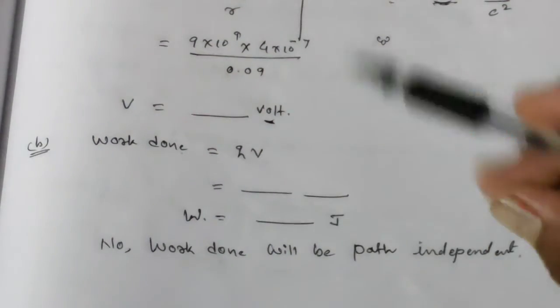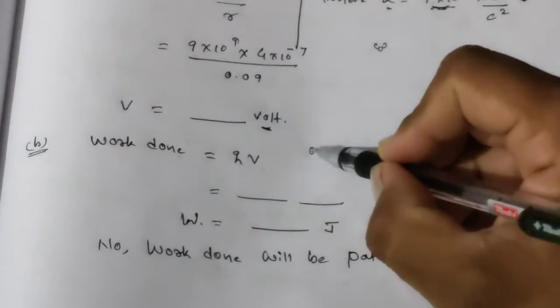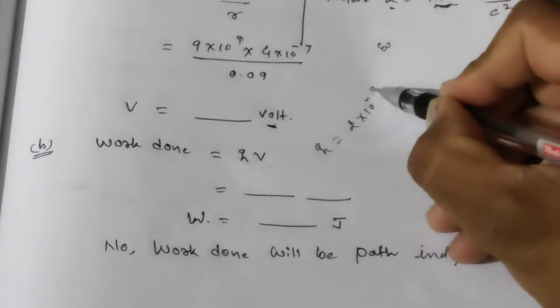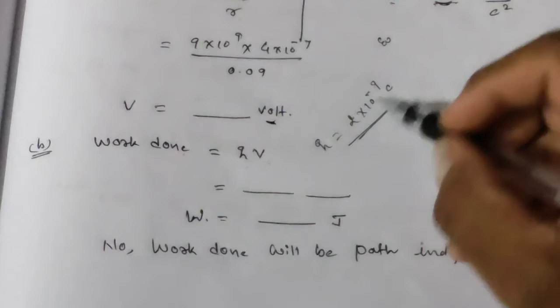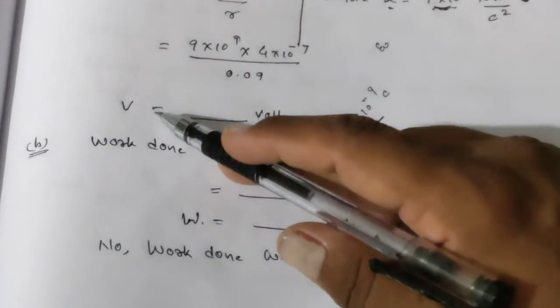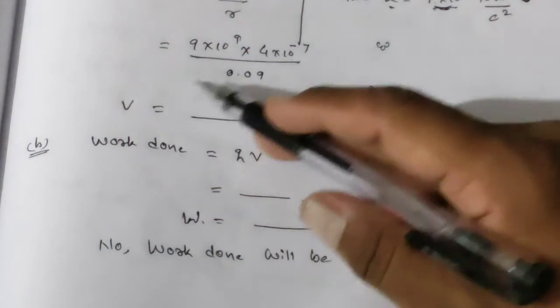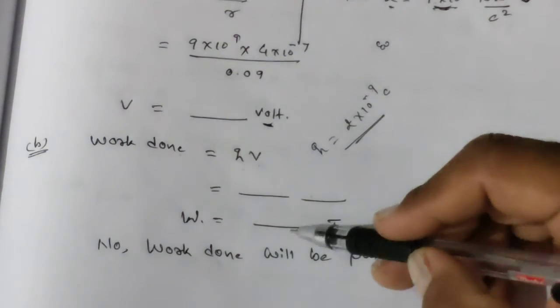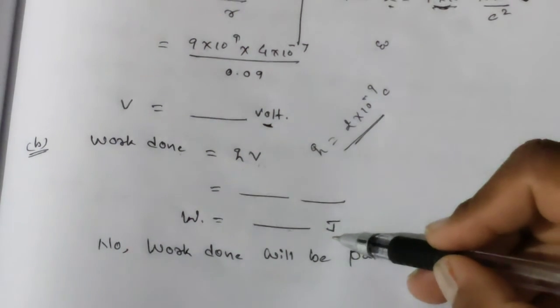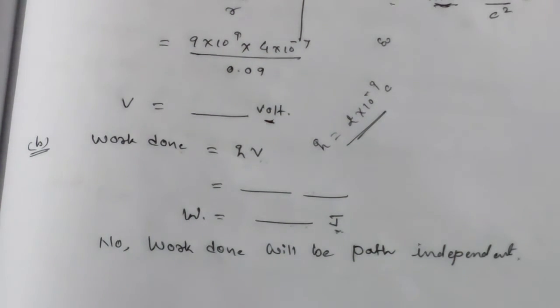The charge, 2 into 10 raised to minus 9 coulomb, is already given in the data, and whatever electric potential you found at the point, you substitute over here and find the work done. For work done, our unit is joule, so you have to find your answer in joule.